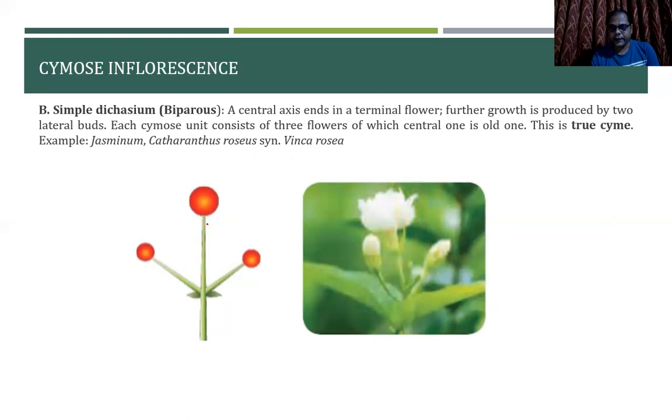So what we have here is terminating on the top one flower, and we have got two flowers coming from the same. So this is the bract, and on the bract this is terminating into the oldest flower towards the top, and then we have got two flowers. The word di means two, so we have got two flowers towards the end.